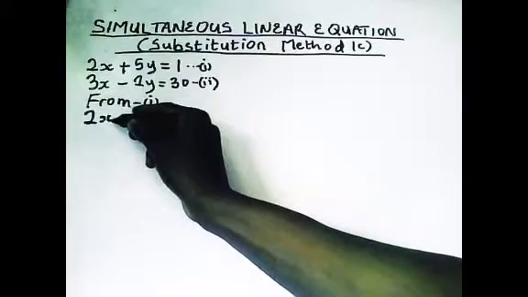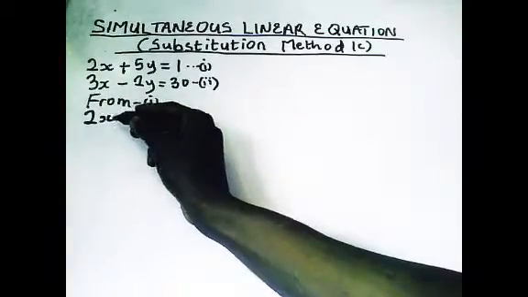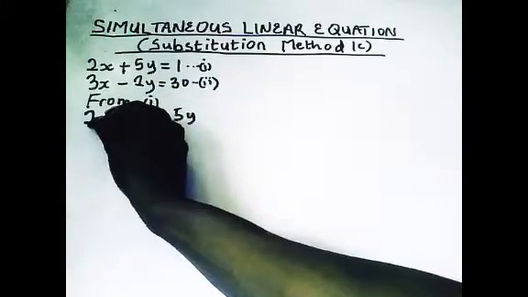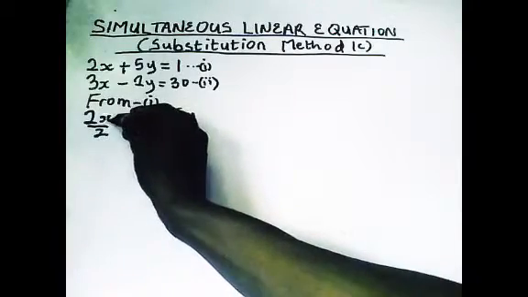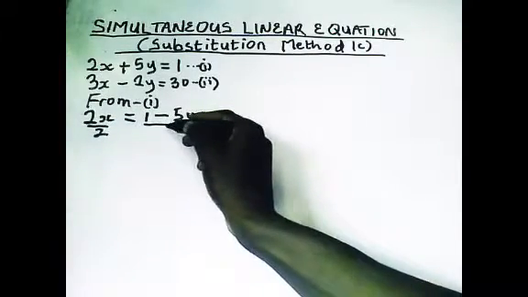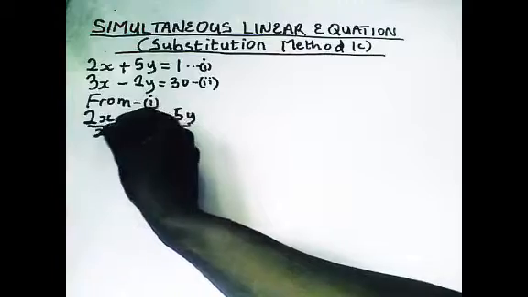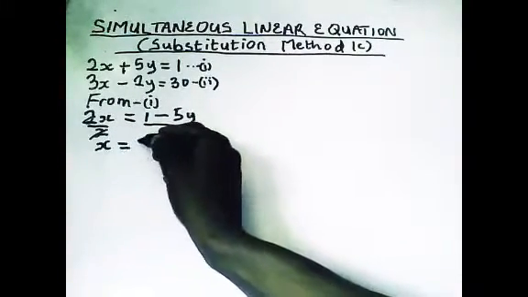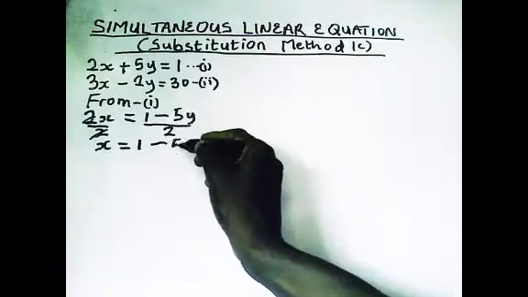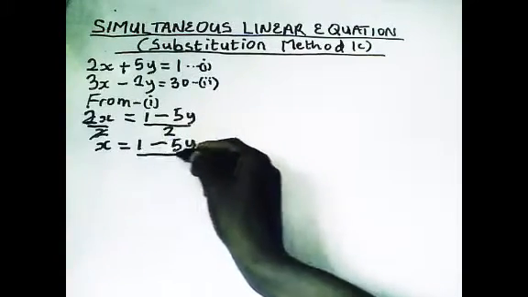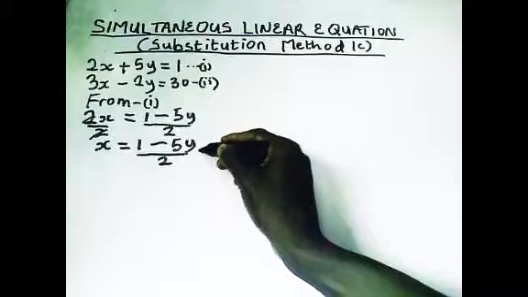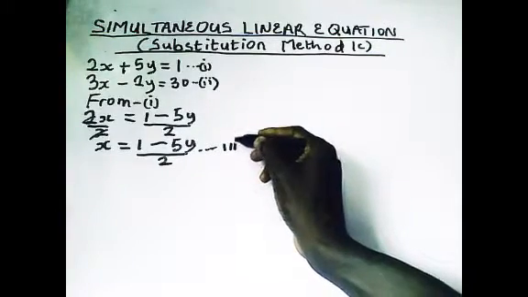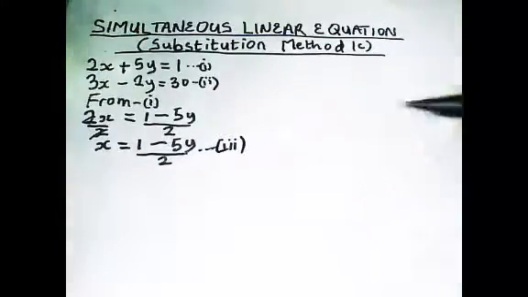The idea is to make x stand alone, that is the subject. So at this point we divide both sides by 2 so that x can stand alone. If we do so, 2 cancels 2, and you arrive at x equals 1 minus 5y, all over 2. We call this new equation, equation 3.